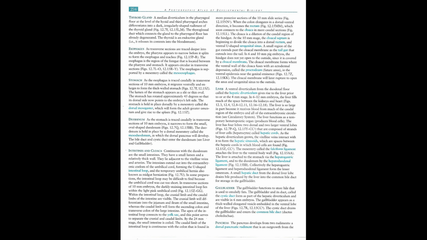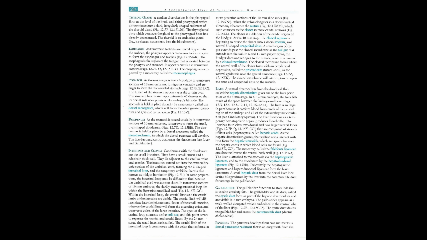The mesentery called the falciform ligament attaches the liver to the ventral body wall, Fig 12.15a. The liver is attached to the stomach via the hepatogastric ligament, and to the duodenum by the hepatoduodenal ligament, Fig 12.15 bb.